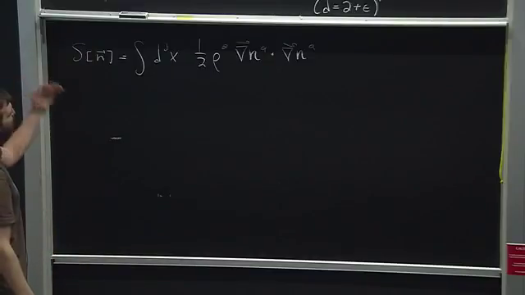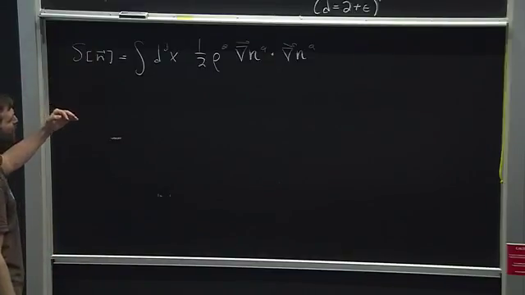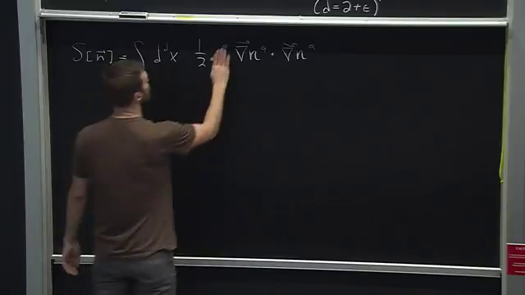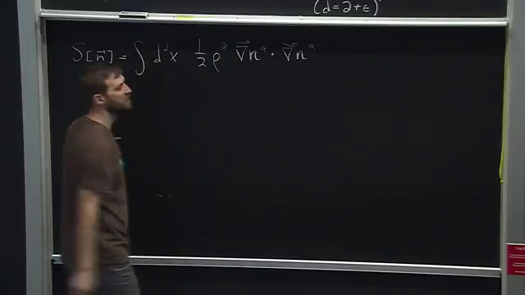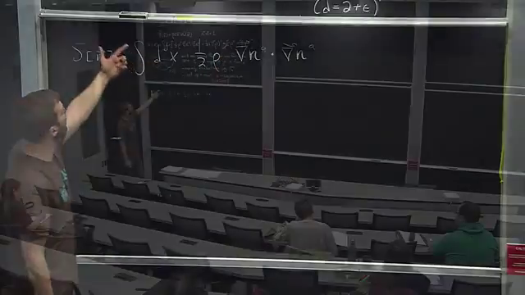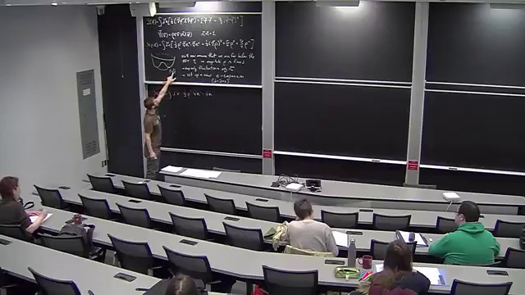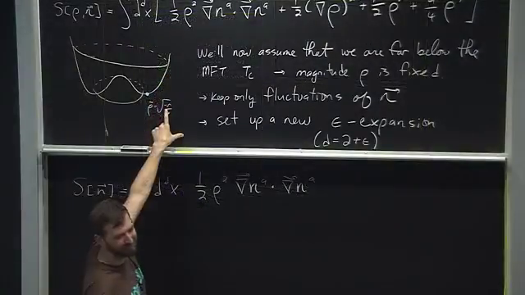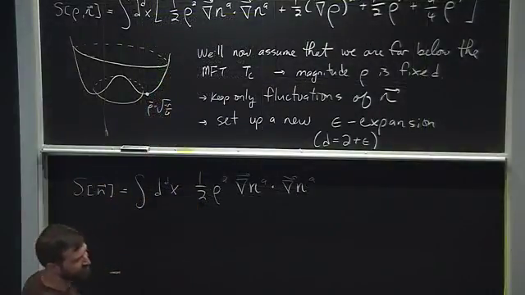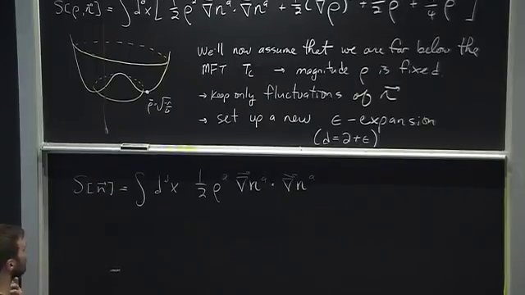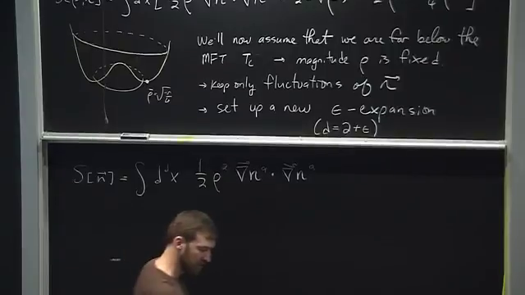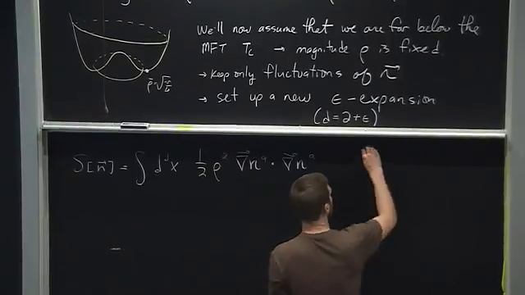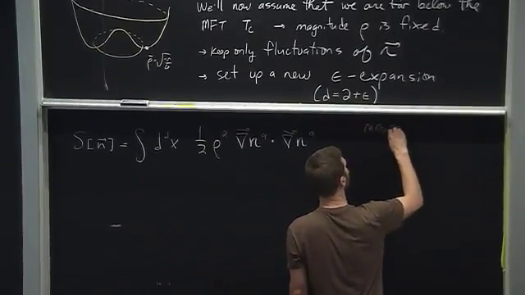We only have one parameter now, so this rho. We can relate rho somehow to the reduced temperature, if you will. So let's just measure rho in units of T, or vice versa.